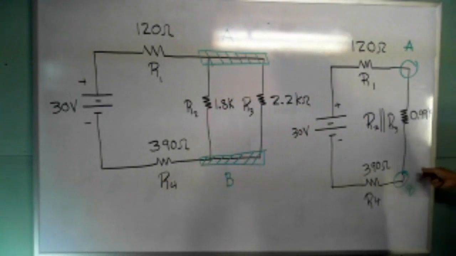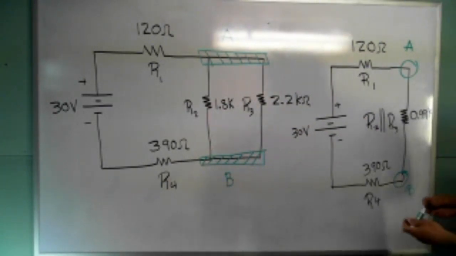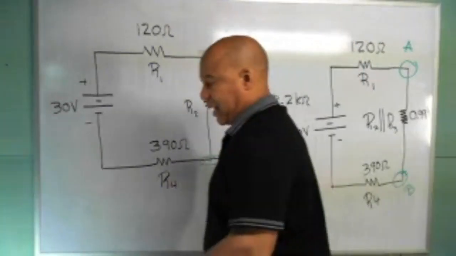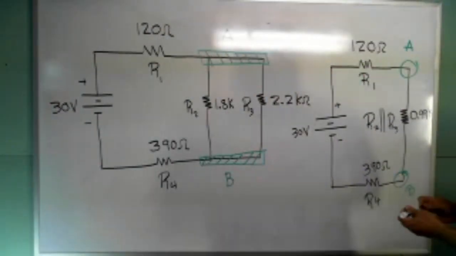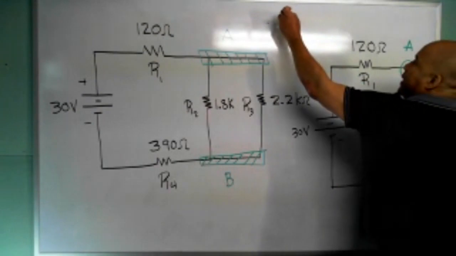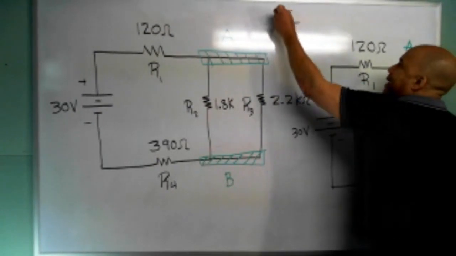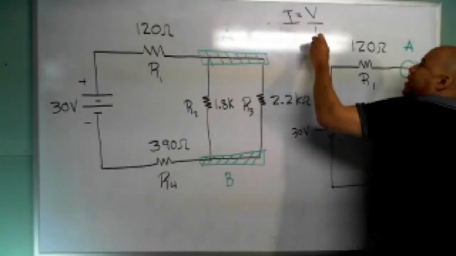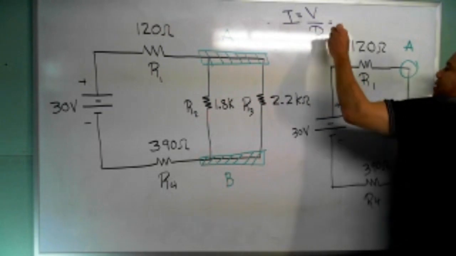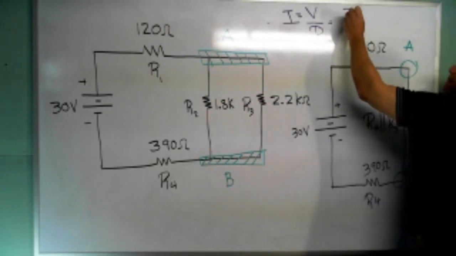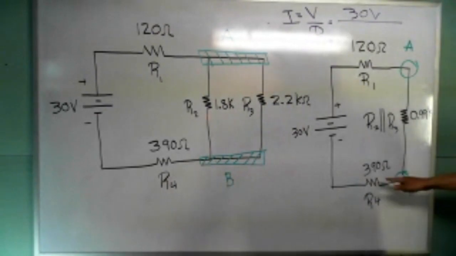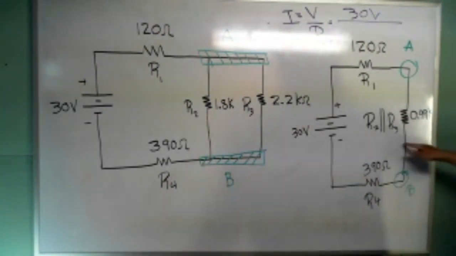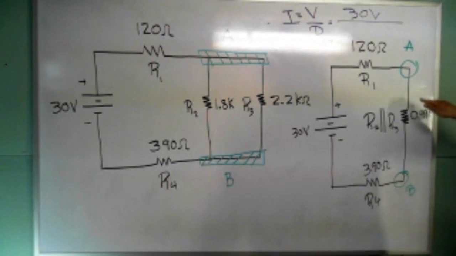So what we got to do here is find the current. That's pretty easy. Ohm's law. I equals V over RT. So I got 30 volts over, I got 390, I got 990, and I got 120.